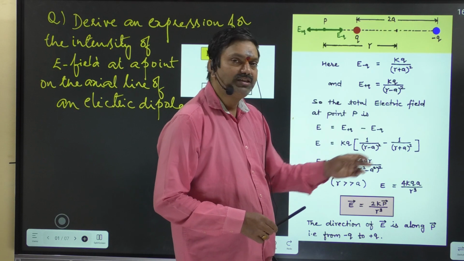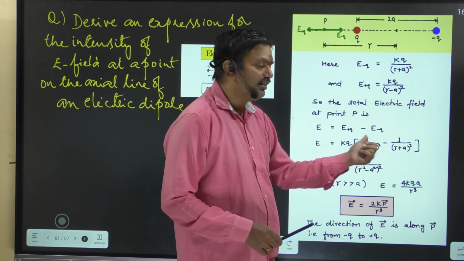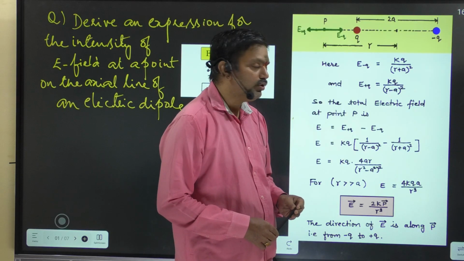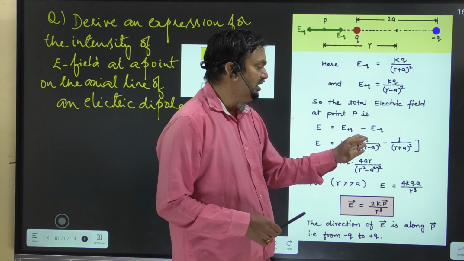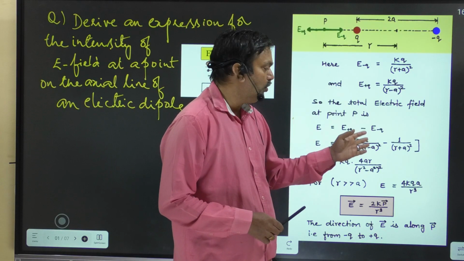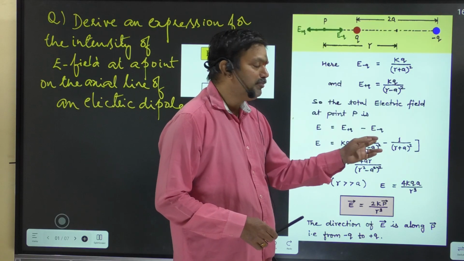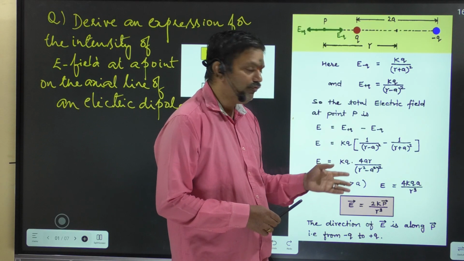So from basic mathematics, when you take the LCM, that LCM is (R minus A) whole square into (R plus A) whole square, and the numerator is (R plus A) whole square minus (R minus A) whole square. So what you find here is (A plus B) whole square minus (A minus B) whole square in the numerator, which is nothing but 4AB.